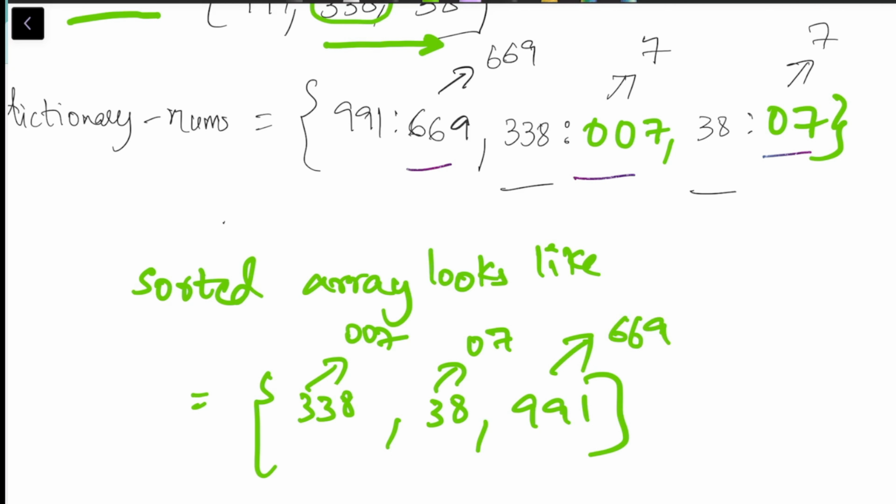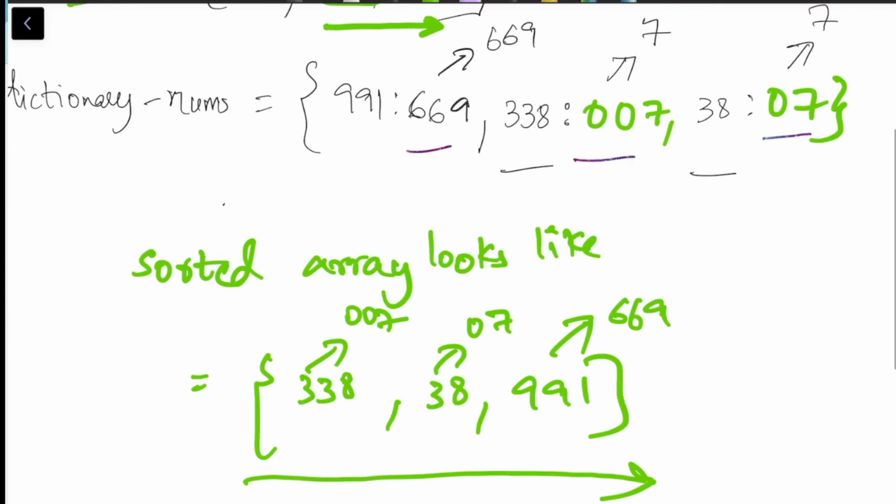So if you see here, 7, 7, 669, they are sorted, right? That's how they need to be. You need to return this particular array.